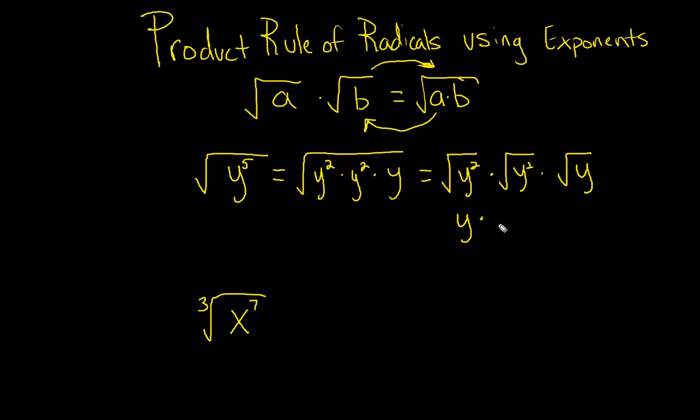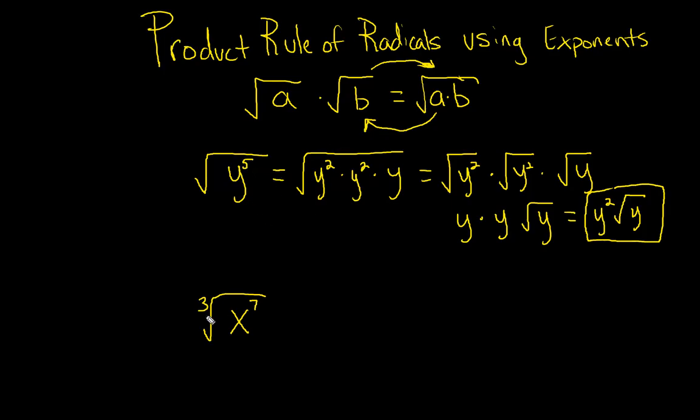Same thing with the other one, so we have y times y. And we can't take the square root of y because it's not a perfect square, so that just stays the same. So when we simplify, we multiply together our terms on the outside, giving us y squared times the square root of y as our simplified expression of the square root of y to the fifth.